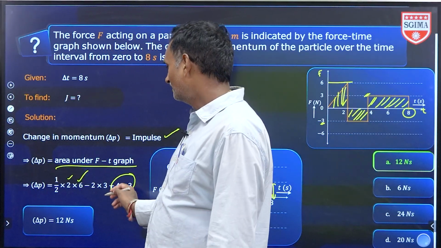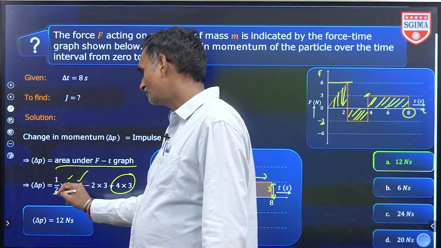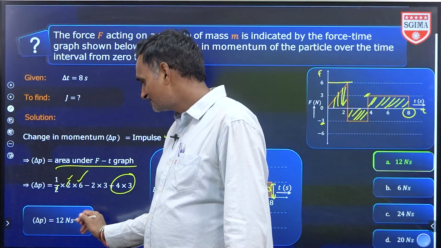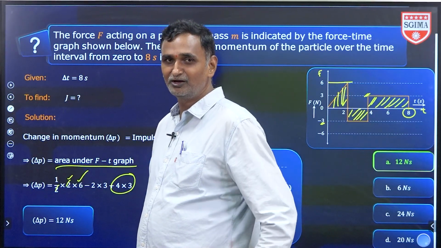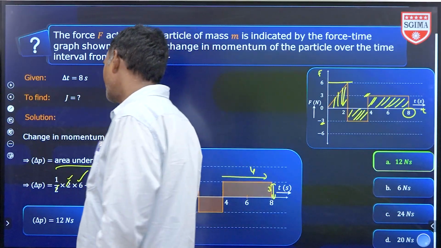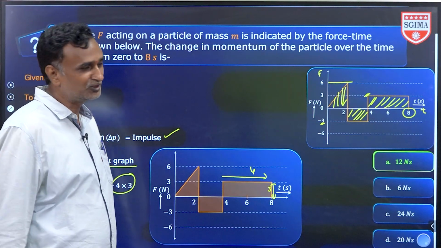Now 2 times 3 is 6, 4 times 3 is 12. It comes to 6 only, here the 2 cancels, 6. 6 plus 6, 12 newton seconds. I have already told you the momentum units; change in momentum is also the same. So this is how we can solve one question based on the graph model.